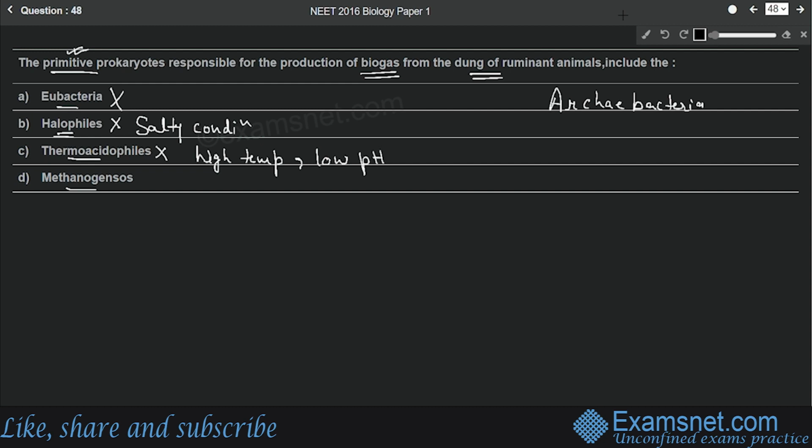The fourth one is methanogens. So this is true. And we know that biogas contains methane, right? As the name suggests, methanogens are the bacteria that are responsible for the production of methane or biogas from the dung of ruminant animals. And we know that methanogens are found in the gut of ruminants. So these are also found in the dung of ruminant animals. So option D will be the correct answer.